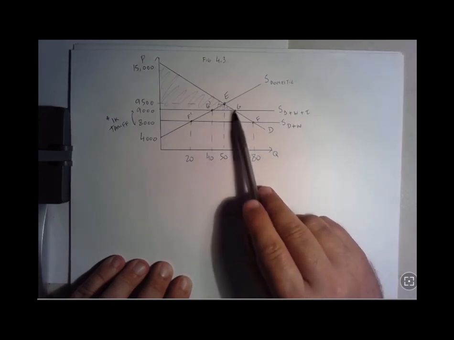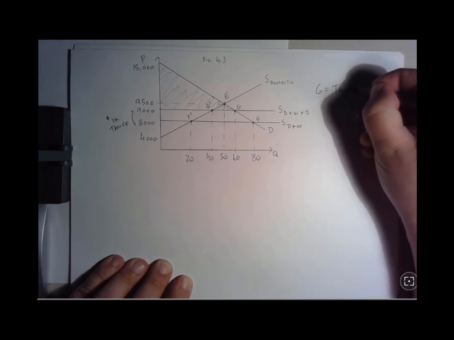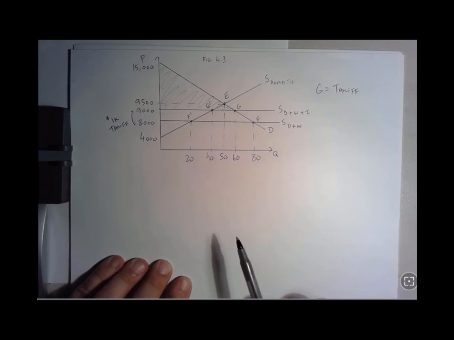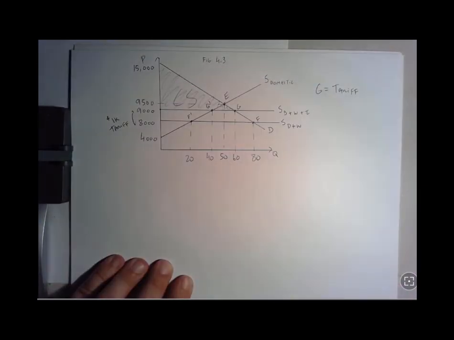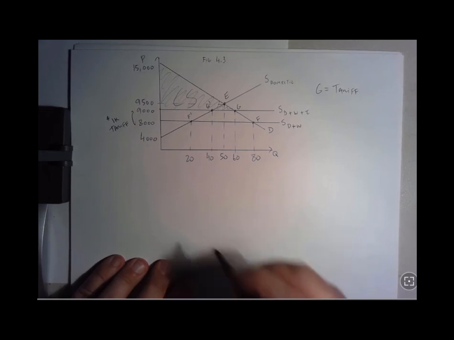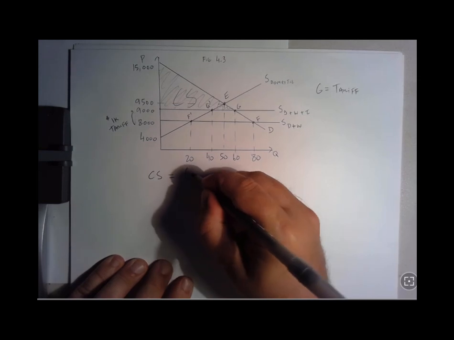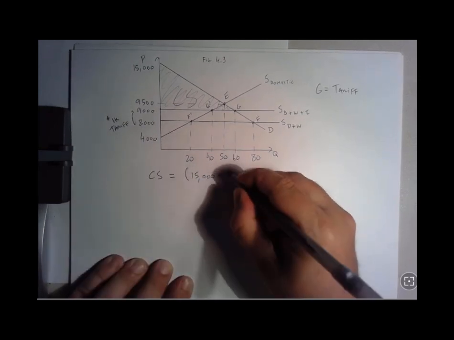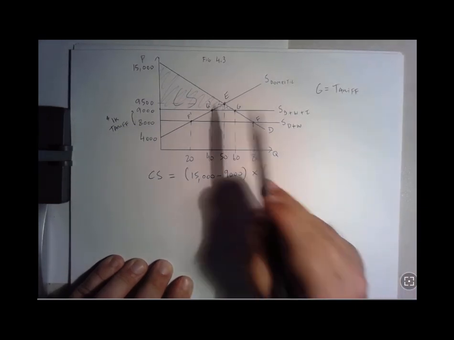Note that I'm using G and G prime to denote the case of a tariff, and G because the textbook is using G for that point, so I don't want to confuse you. So let's compute the new consumer surplus with the tariff. The rise is 15,000 minus the new equilibrium price, which is 9,000. And the run now is just 60.